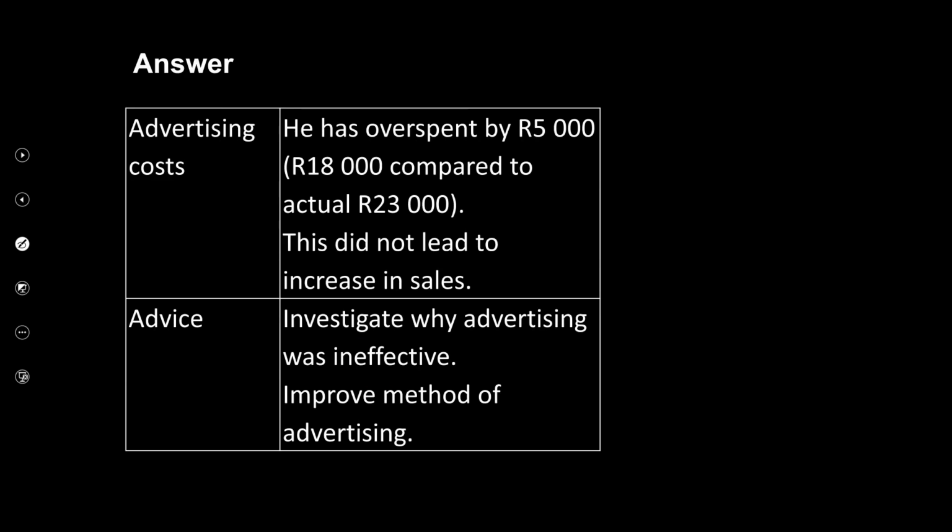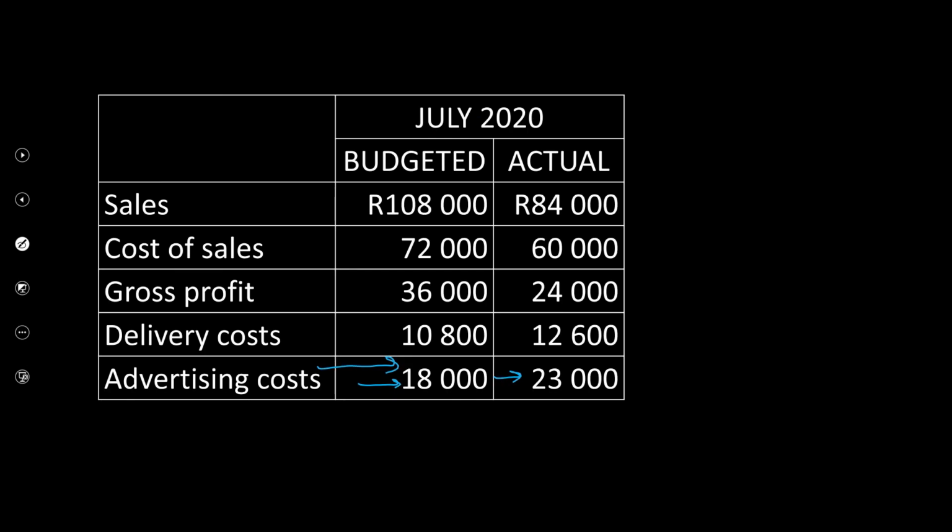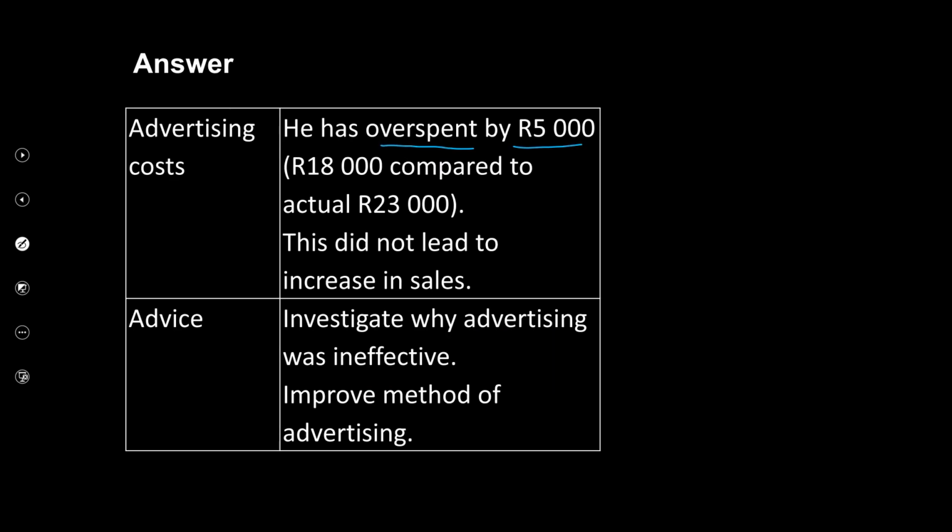The owner has overspent the budget by 5,000 Rand. How do we get the 5,000 Rand? By comparing. Watch, we compare. Our actual amount was 23,000 minus your 18,000 will give you a figure of 5,000 Rand. Clearly you can see that we've overspent the budget by 5,000 Rand.